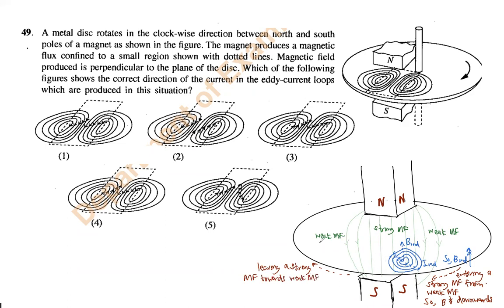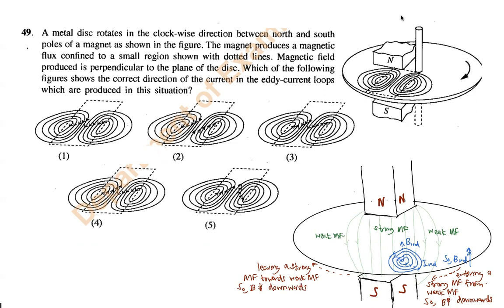When you go out, you are going to a weak magnetic field. So B is decreasing downwards. Oh, I think I made a mistake earlier. It should be increasing downwards there. Sorry. So here I should say B is decreasing downwards.